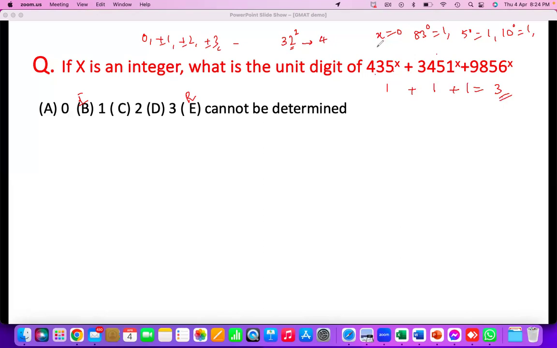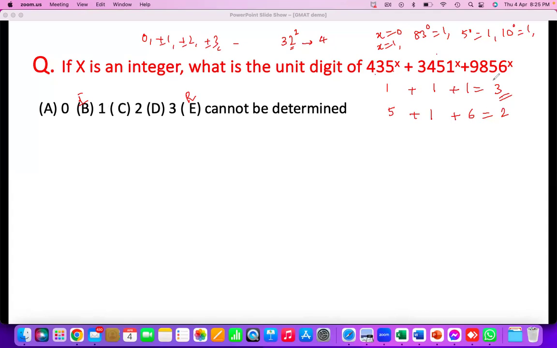Now, if you take x equal to 1, what happens? Unit digit here is 5, here it is 1, in the third one it is 6. You add up, it becomes 12. What is the unit digit of 12? 2. So you're getting 2 different answers, which means more than one answer is possible. But the question is asking for one answer only.